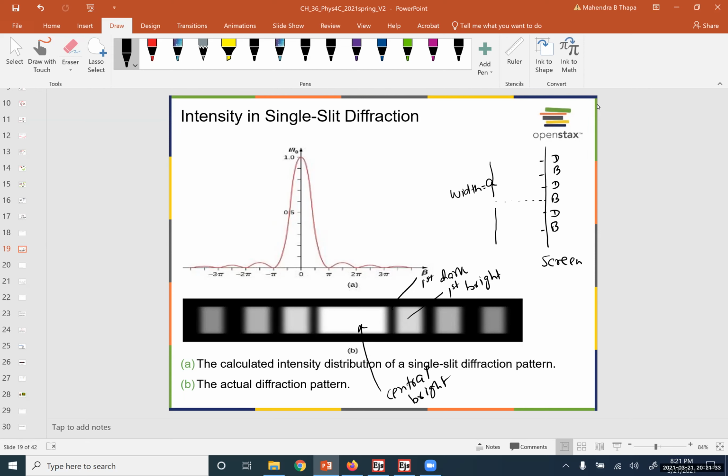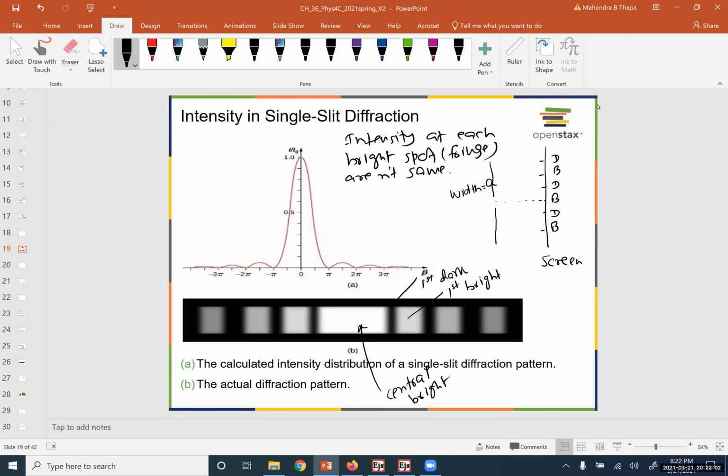But from this graph, it is clear that the intensity at each bright spot, or we also call it the fringe, are not the same.